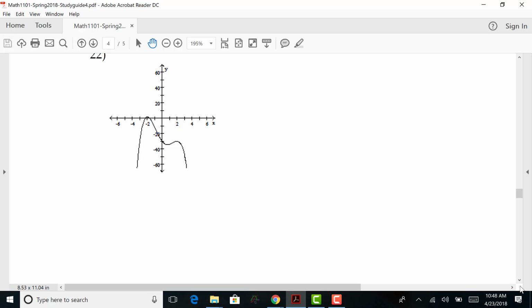For cubic functions, which are going to look like this shape, you either have 0 or 2 turning points. Quartic usually looks like a W or an M.